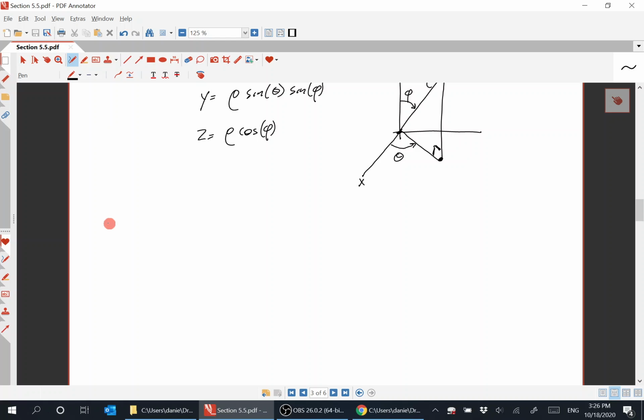So, some regions easily described using spherical coordinates.